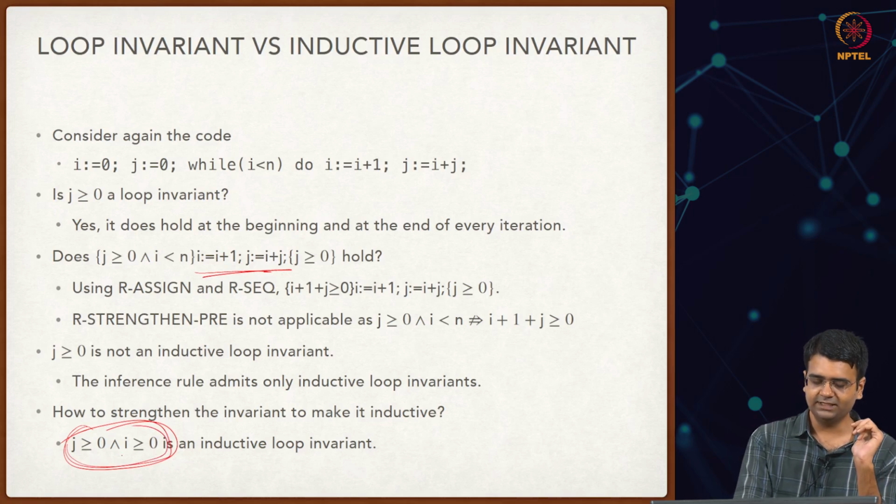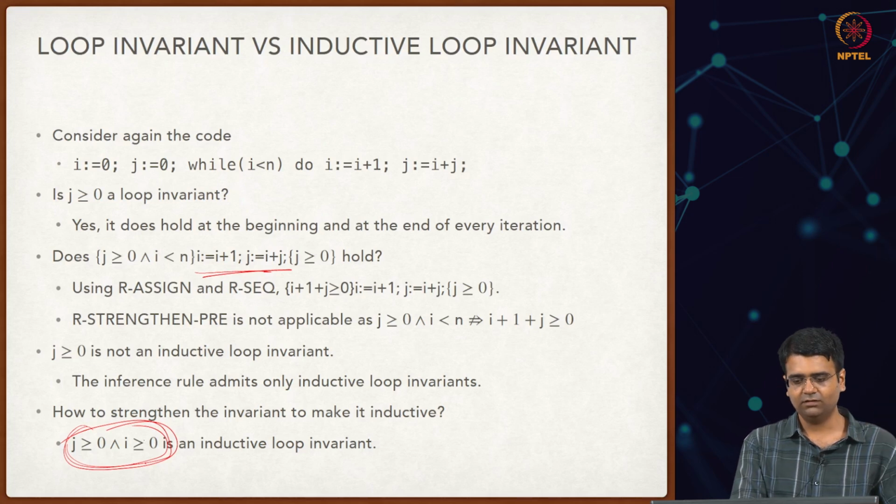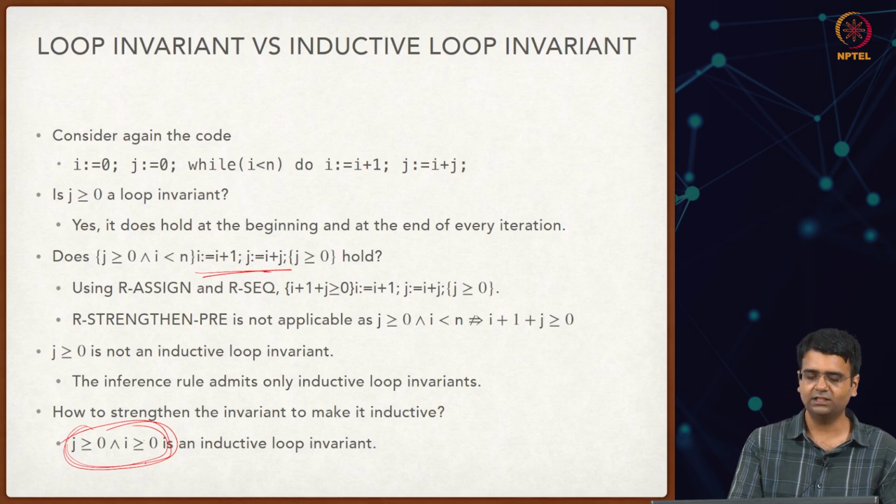Okay. So this is an inductive loop invariant and this can be used in the inference rules for the while loop. And you can use that to prove other postconditions.